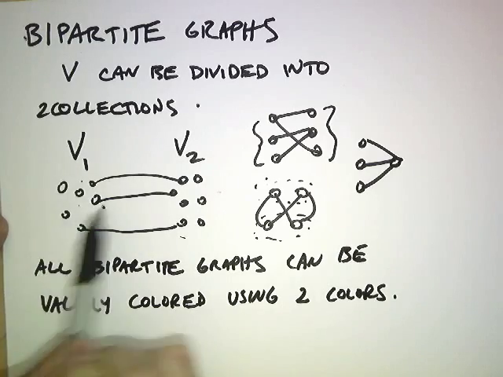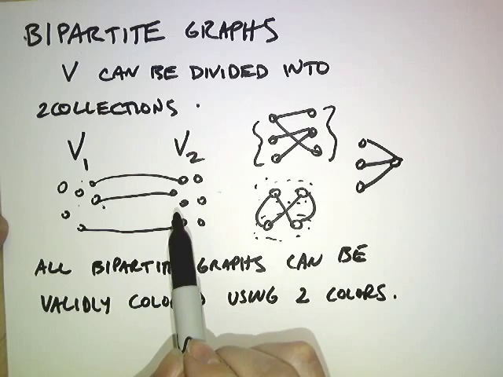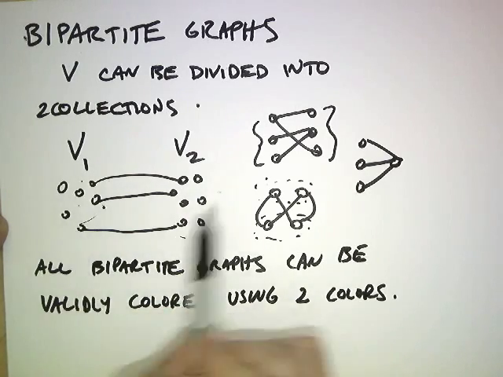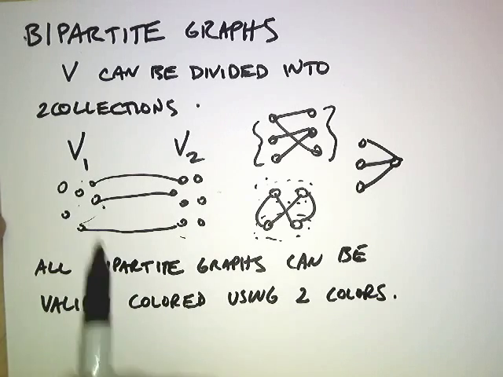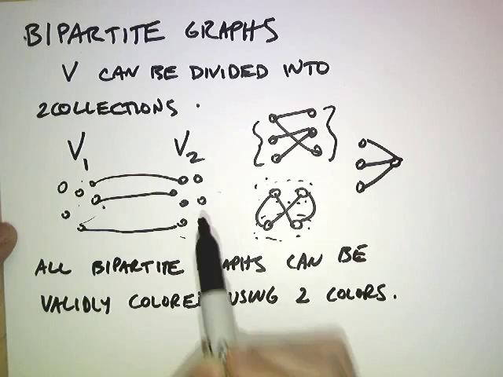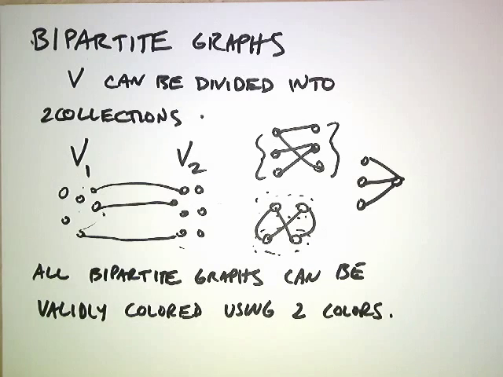So you can color all the vertices in group 1, say red, and all the vertices in group 2, say blue. Since there are no edges among vertices in group 1 or in group 2, it's a valid coloring. Any edge that does appear will have a vertex on one side that's been colored red, and a vertex from the other side that's been colored blue.